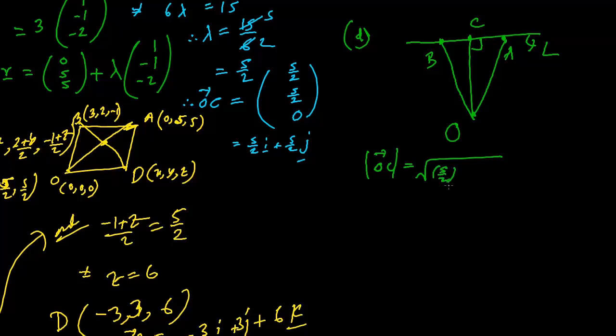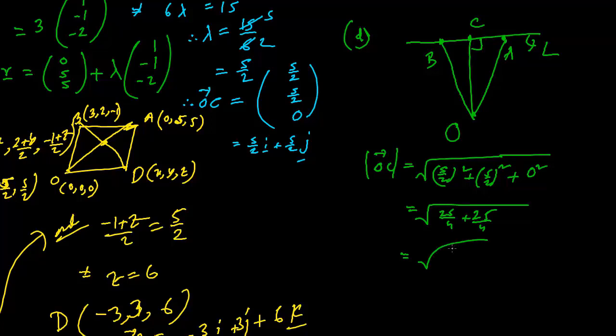So that would be 5 by 2 whole squared plus 5 by 2 whole squared plus the coefficient of k is 0, so 0 squared. So the length of OC is going to be 25 by 4 plus 25 by 4. So this would be 50 by 4, which is the square root of 25 by 2. So this is the length of OC.